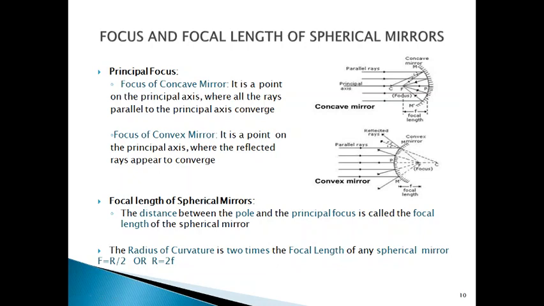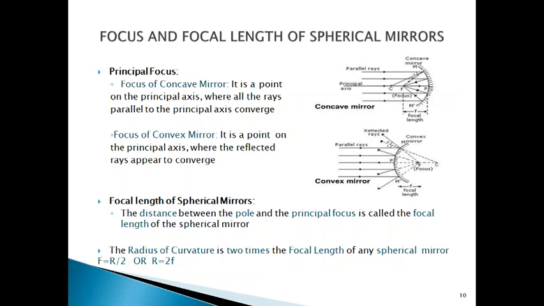That means focal length f is equal to r upon 2, or we can say r is equal to 2f. This is the relationship between radius of curvature and the focal length.